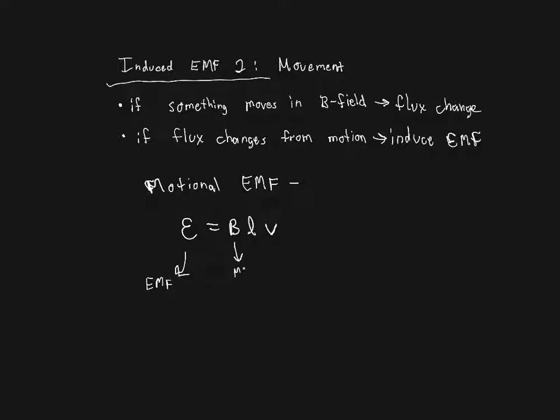B is the magnetic field. L is going to be the length of the object that's actually moving in your magnetic field. And V is the velocity of your object, how fast your object is actually moving.